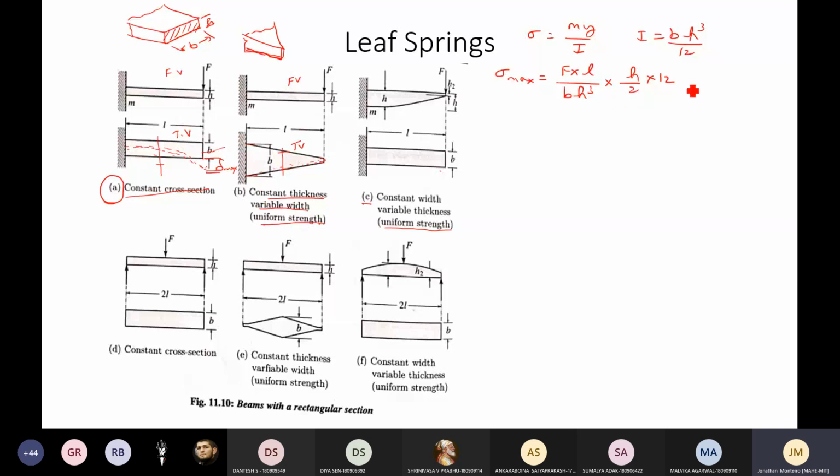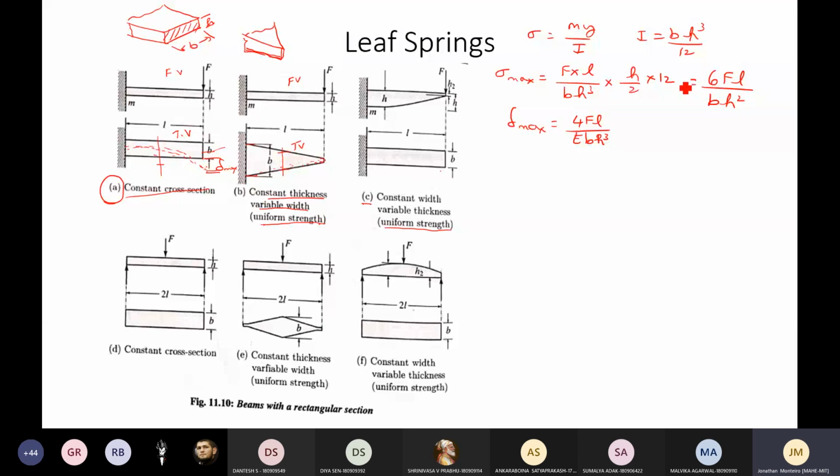Adjusting all of the things, the final equation will be 6FL by bh square. On similar terms, delta max will be 4FL cube by Ebh cube. So this will be the equation of the constant cross-sectional beam.